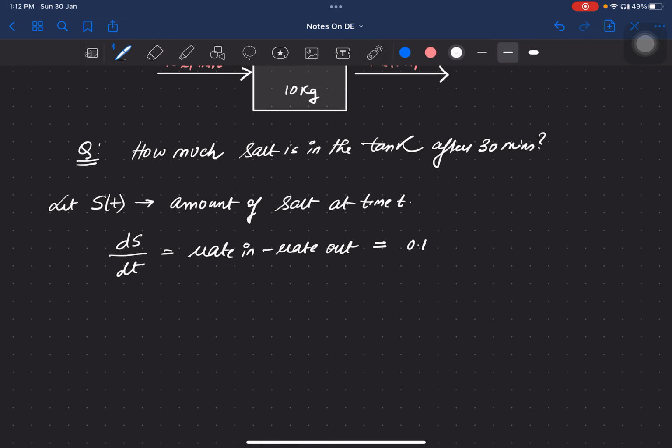So it's 0.1 minus rate out, that is the concentration times the flow, that is S by 10. So you can write it also as 0.1 times (1 minus S).